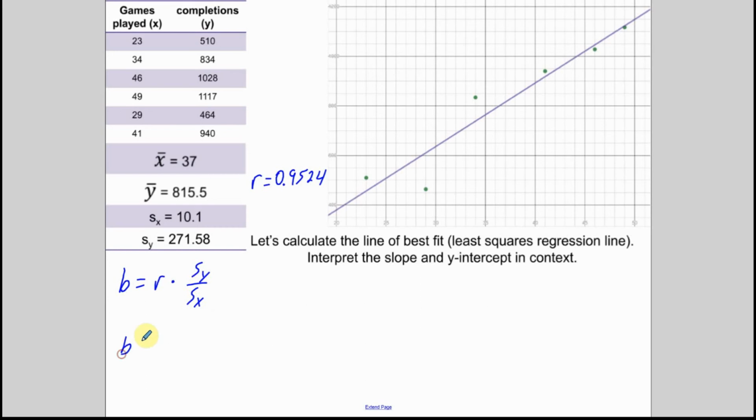So slope is r, 0.9524, times the standard deviation of y, divided by the standard deviation of x.